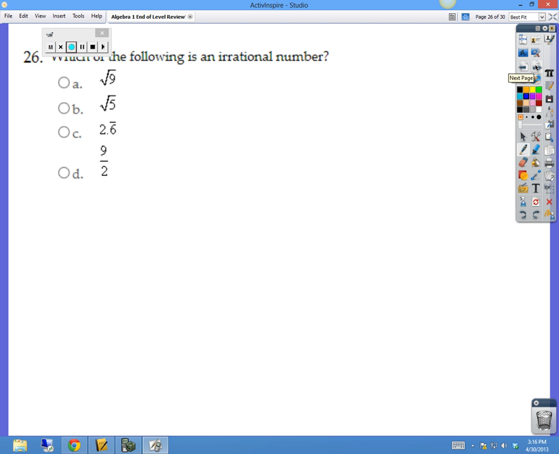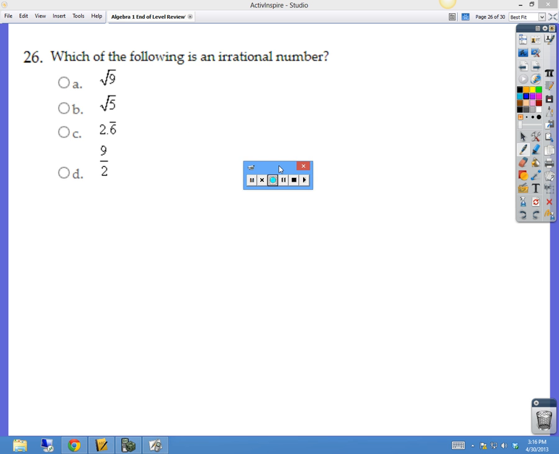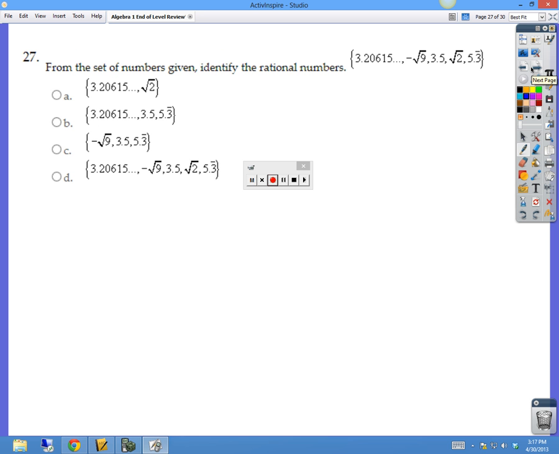Which one is irrational? Irrational is crazy. Crazy is square root of 5 because it goes on forever. It's a decimal, chaotic decimal that goes on forever with no pattern. 27. Which ones are rational? Which ones are normal? Okay, this one is irrational because the dots imply it goes forever and there does not seem to be any pattern.